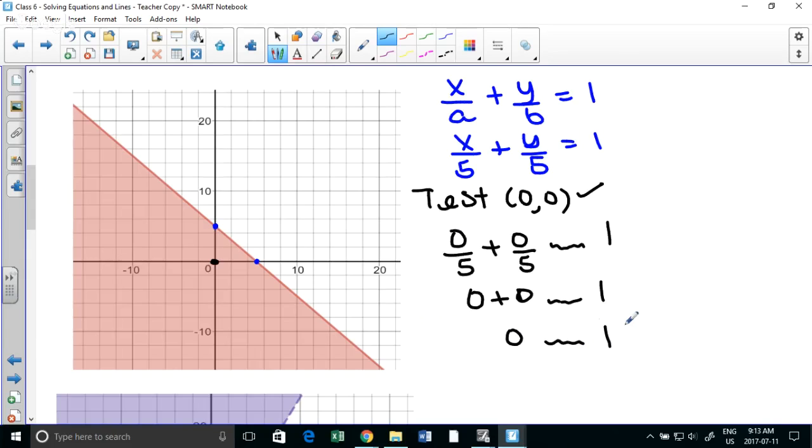Well, is 0 bigger or is 1 bigger? Well, 1 is bigger. Now the question is, do I have greater than or equal to, or less than or equal to, or just less than? Well, my line is solid, so I include that. So I have x over 5 plus y over 5 is less than or equal to 1.